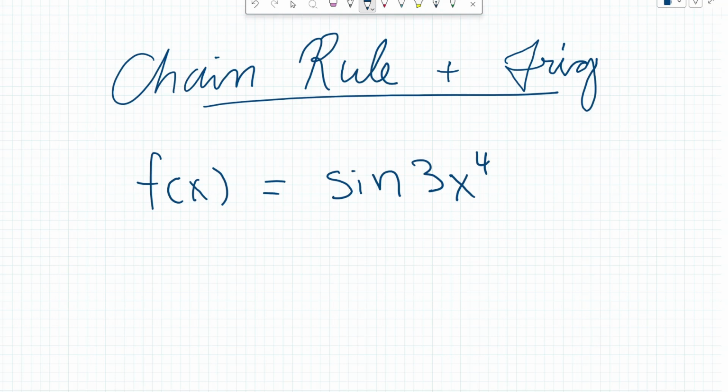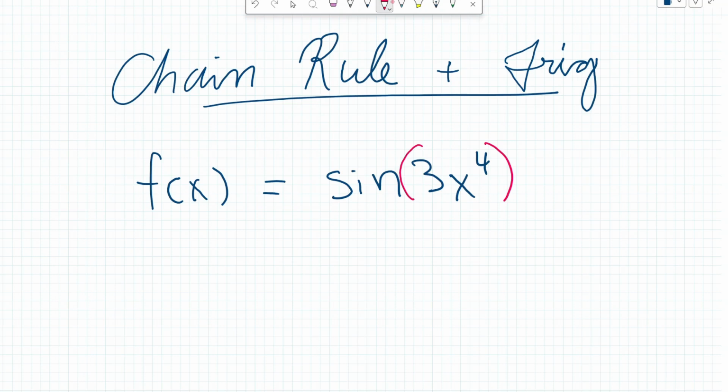So first of all, we recognize that sine is a trig function. And we know that the derivative of sine is cos, as seen from my previous video. But we have all these extra numbers in our argument here that we don't have in just our basic sine function.